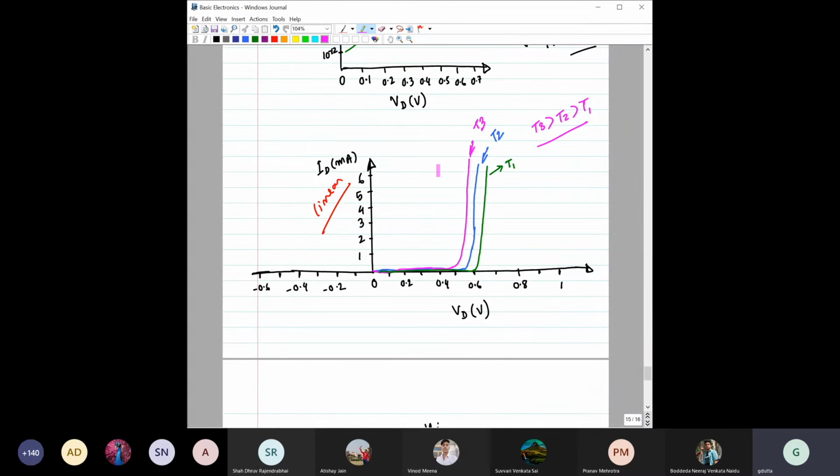So, for germanium, maybe we will come back to it, but before that, let us complete the silicon part, then we will move to germanium. This is in the forward bias.